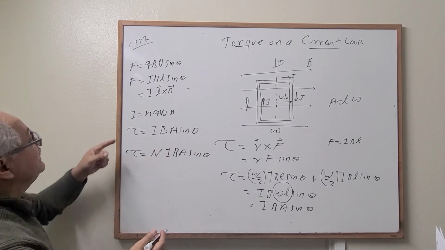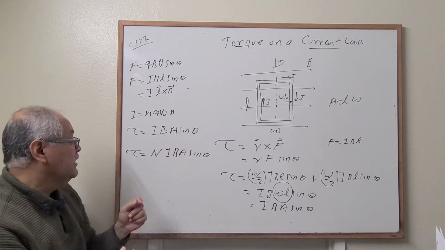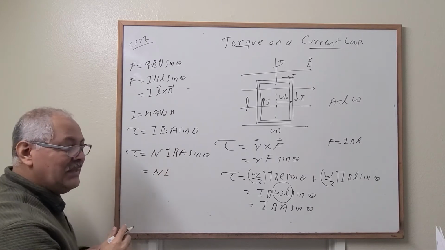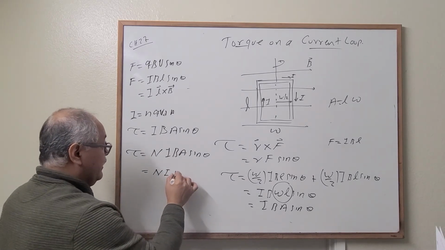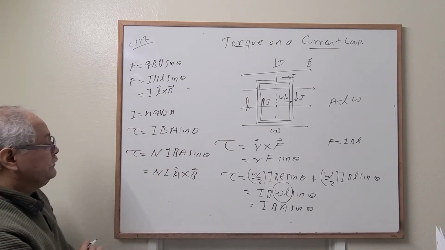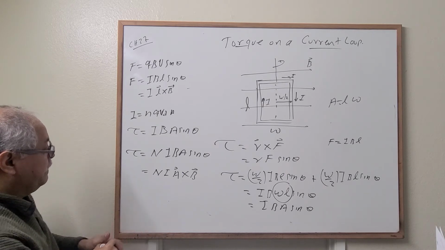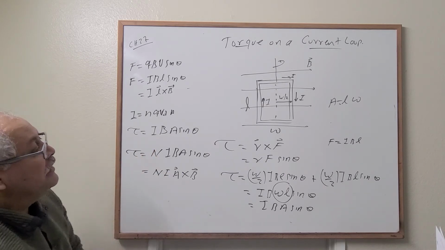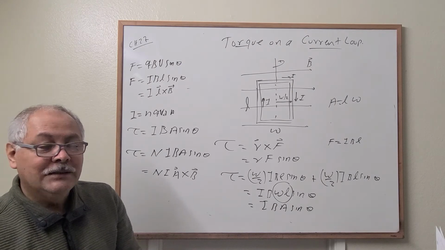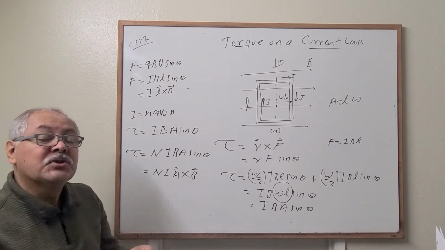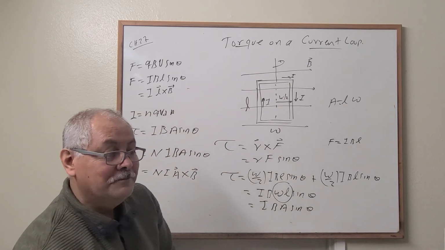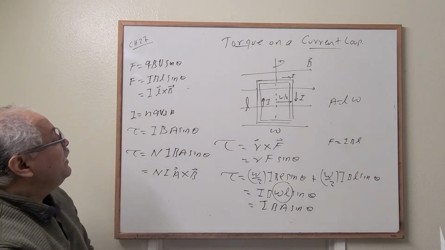Also, because we have sine theta and vectors, we can represent this as N times current times area cross B. These two are the same. This is the formula for torque on a current loop, where N is the number of turns of the loop.